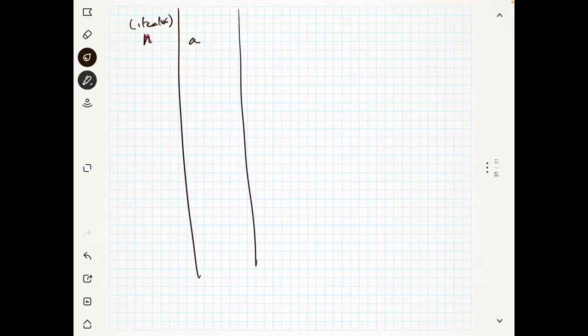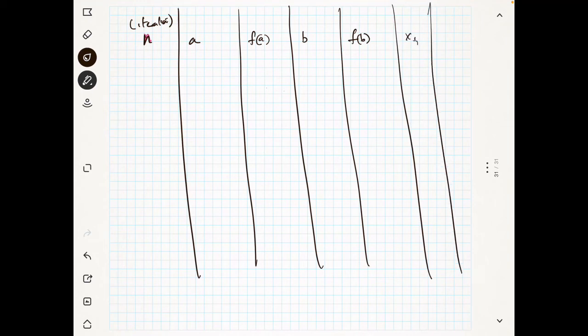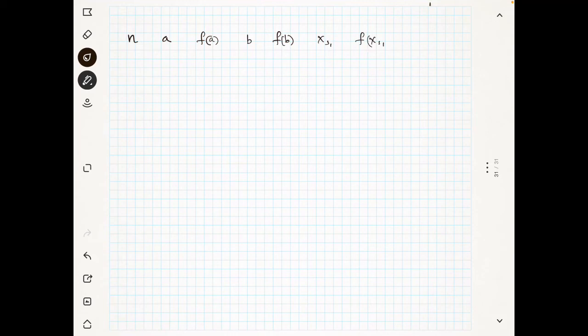I have a, b, f of a, f of b, and my new solution xs1, then f of xs1, then my delta, the difference, the interval width, where the solution lies.